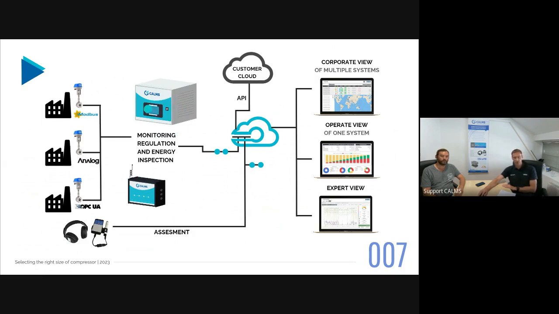It can be permanent monitoring, so you can do this continuously, or you can use edge devices for audits of 1 week, 2 weeks, 1 month, collecting data from different locations, different compressor rooms, and sending this to the cloud with the different views. For the expert view, we also enable the simulator. With the system review, with the mobile application on Android, you collect the manual data, which also fit into the same system for the final audit.